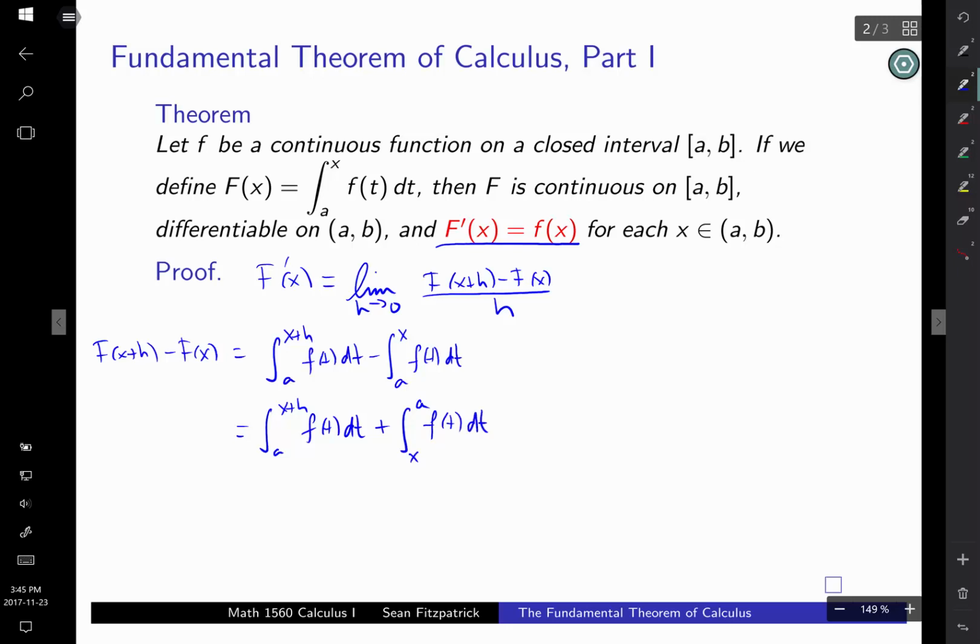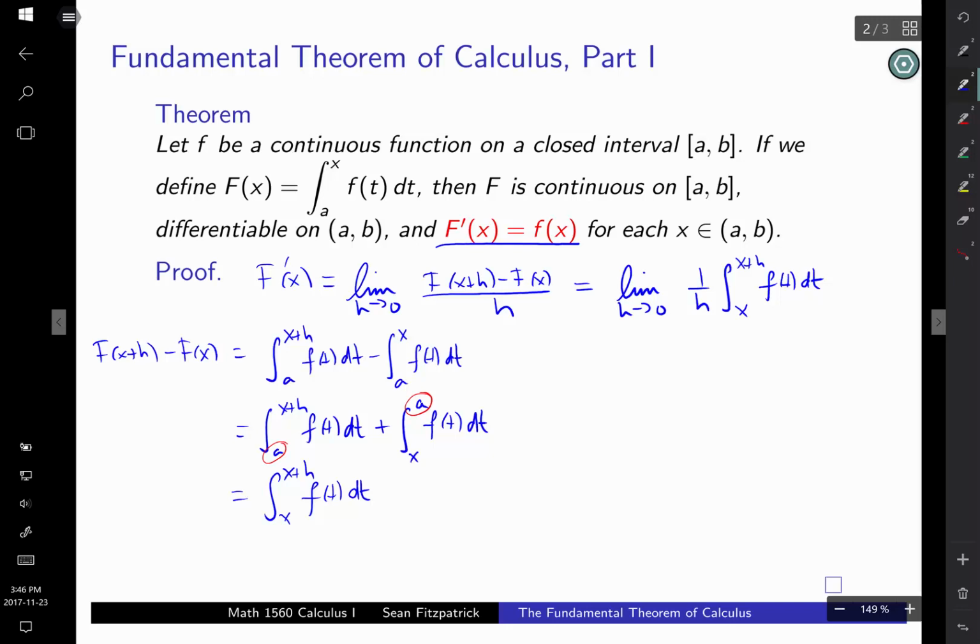But we also have another property that says that if the lower limit for one integral matches the upper limit for the next one and you're adding them together, you can combine them into a single integral with the upper limit from the first and the lower limit from the second. And now we're dividing by h, so we just multiply by 1 over h. So what we've got here is the limit as h goes to 0 of 1 over h times the integral from x to x plus h of f of t dt.